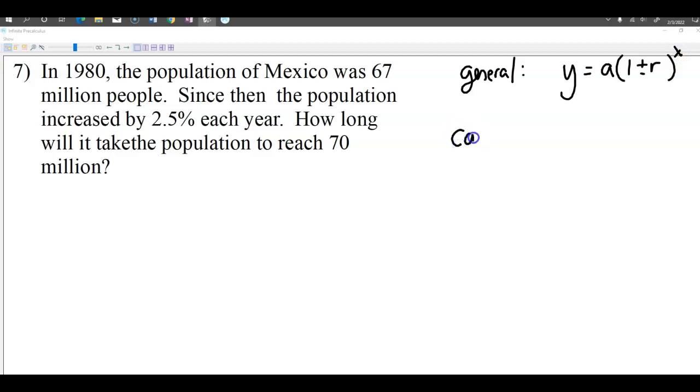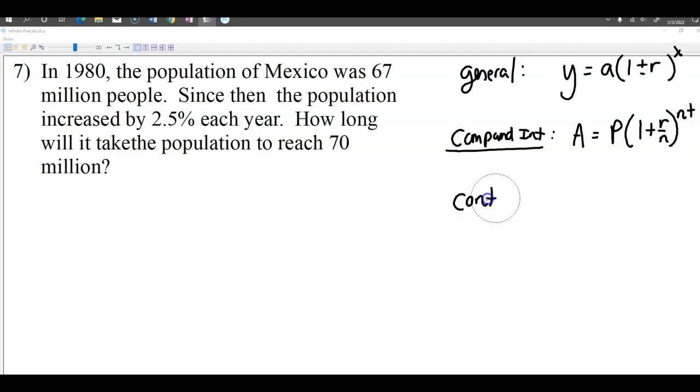If you have compound interest problems, they look like this. And then if you have continuous growth problems, they look like this. I'll go with Y on this one.